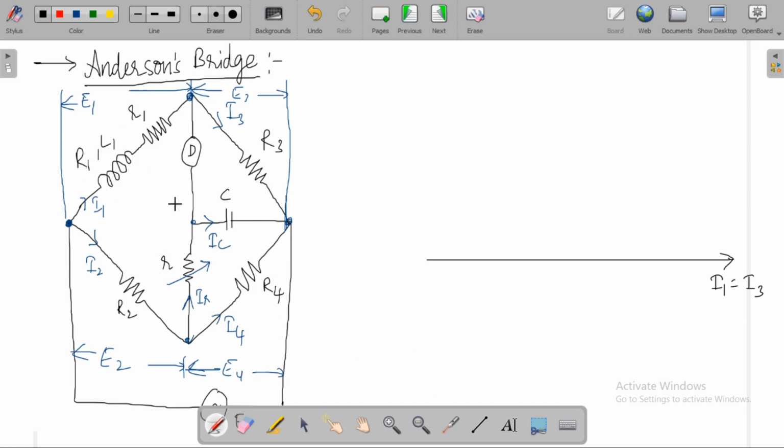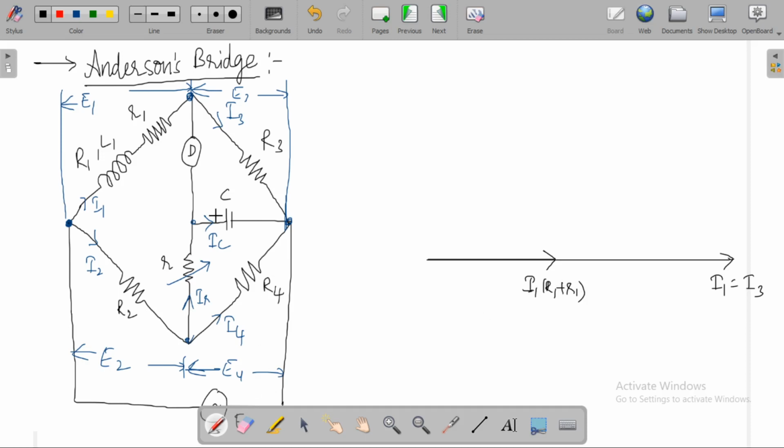The voltage across R1 and R1 will be in phase with I1. So this will be I1 into R1 plus R1.